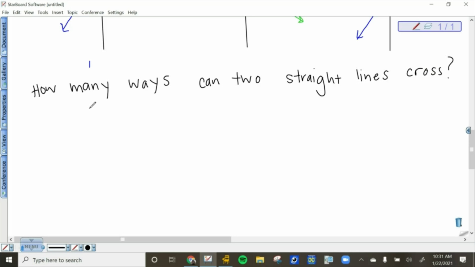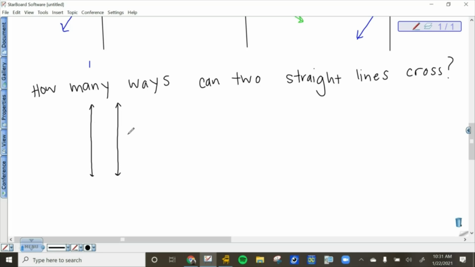Again, we can have two lines that never intersect.